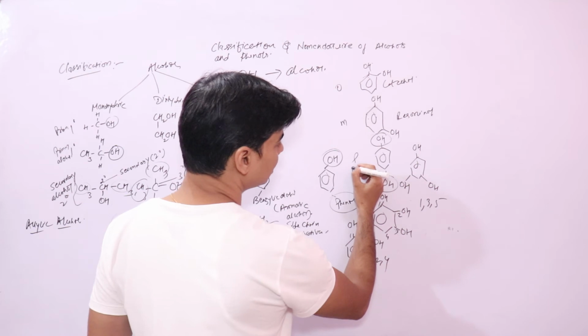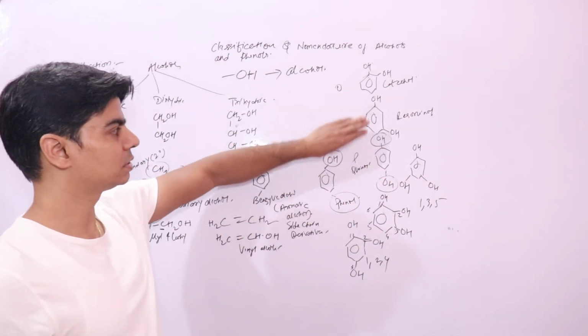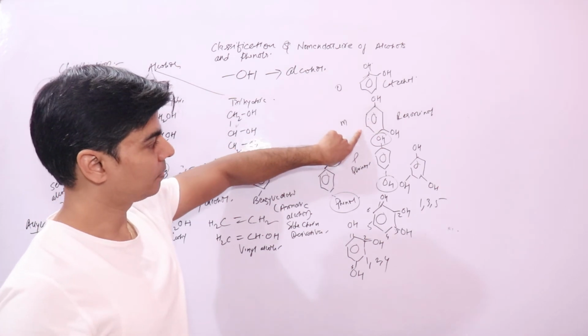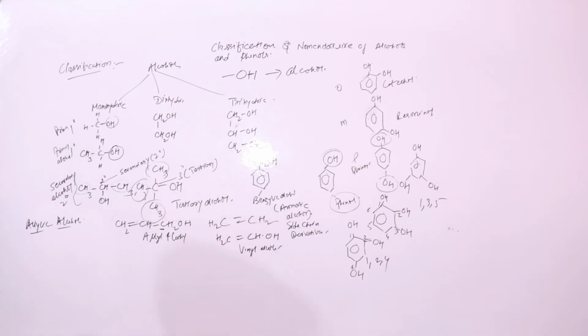The general name is quinol. So this ortho isomer is catechol, the meta isomer is resorcinol, the para isomer is quinol. I hope this is clear.